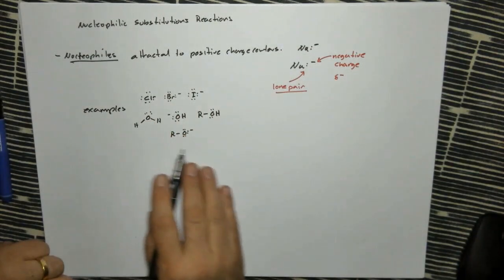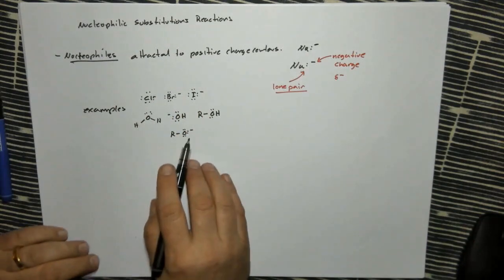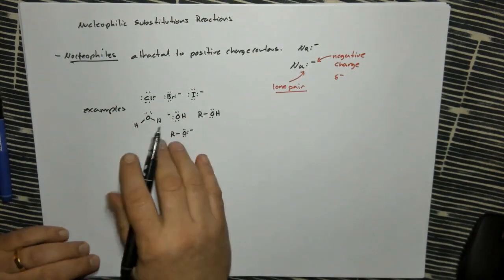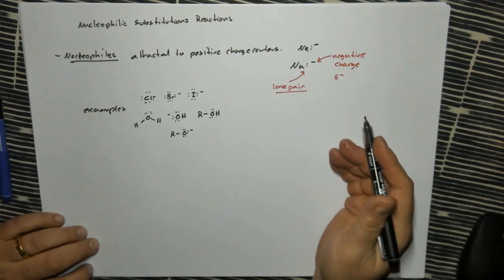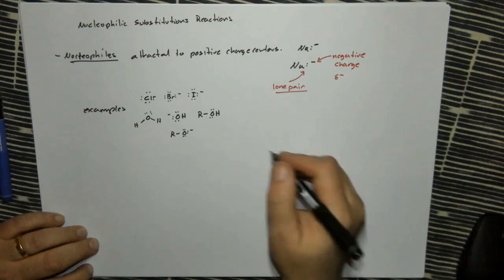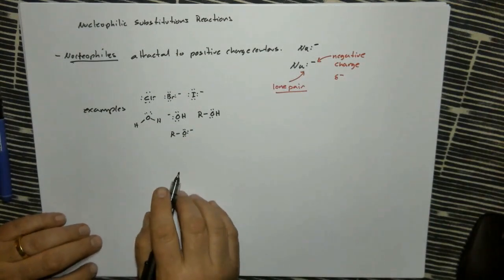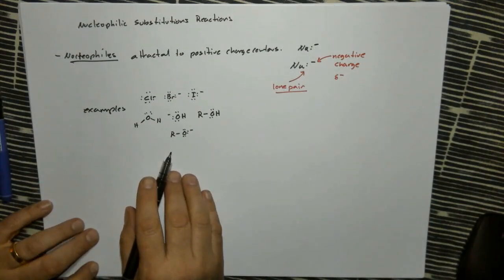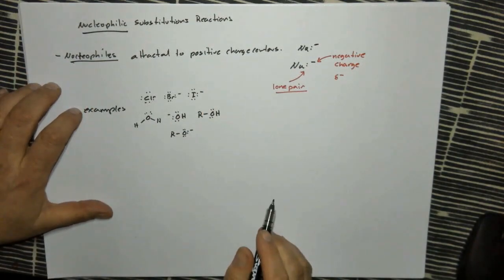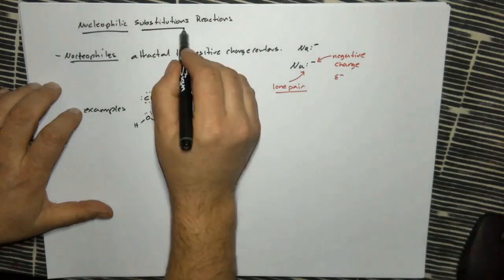All of these will behave like nucleophiles, because these lone pairs or these negative charges will be directly attracted to positive charges on other molecules or particles for that matter. So this is one of the things that you have to have for a nucleophilic substitution. But as the name implies, there's a substitution.